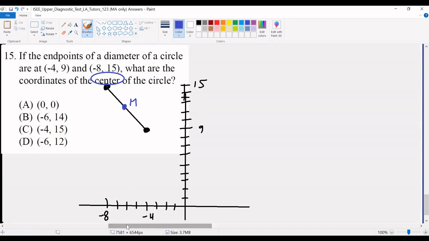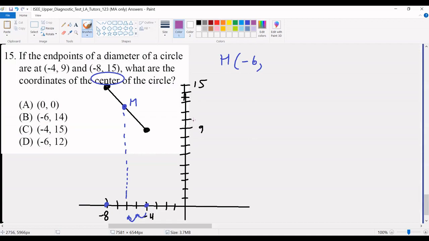So what we can do is look for the distance between each of these values. If we start at -4 and go to -8, we're really just looking for the midpoint. The midpoint of our x values is going to be -6. Then we want to count the distance halfway between 15 and 9.